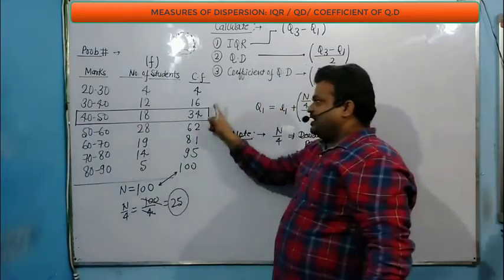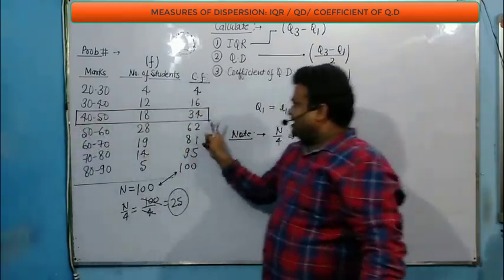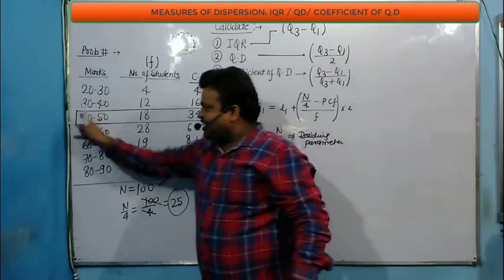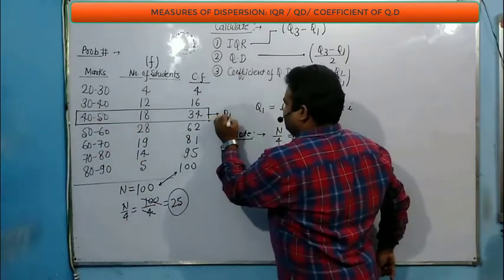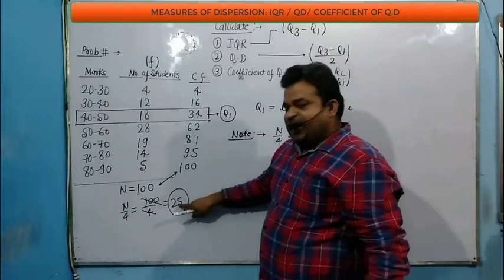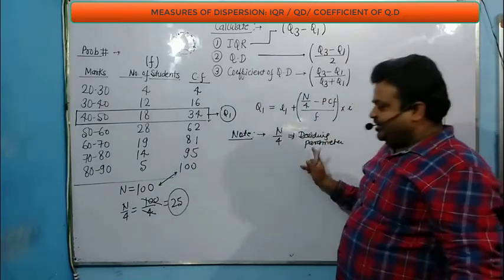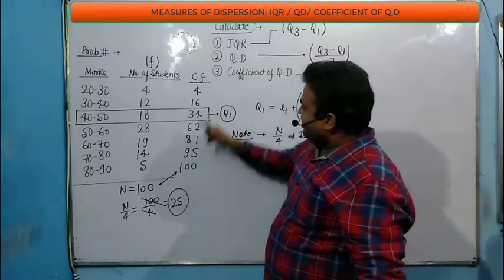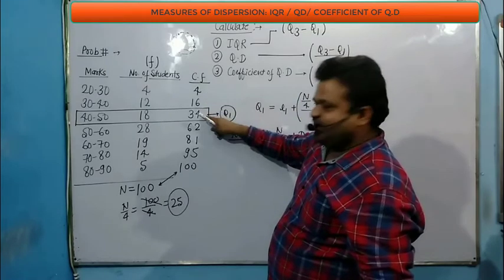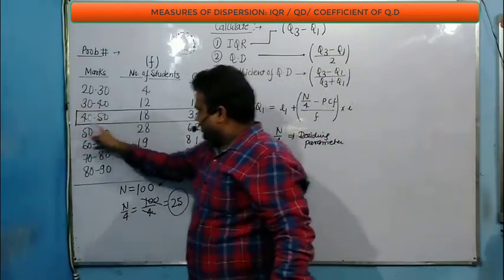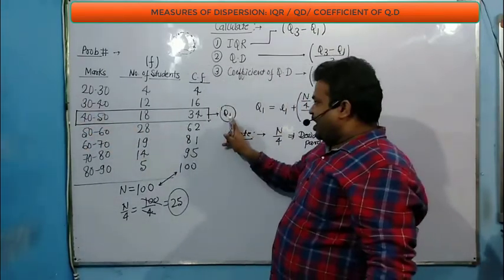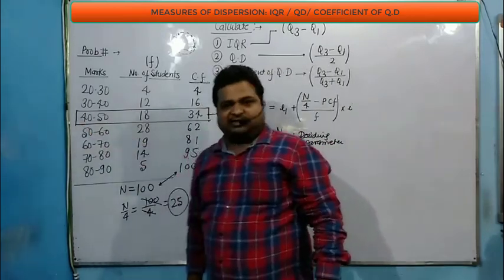Now select and mark this class. Why am I selecting this as my Q1 class interval? Because my n by 4, which is my deciding parameter, is 25, and this 25 lies in the cumulative frequency table just after this. So I am selecting this as my quartile 1 class.